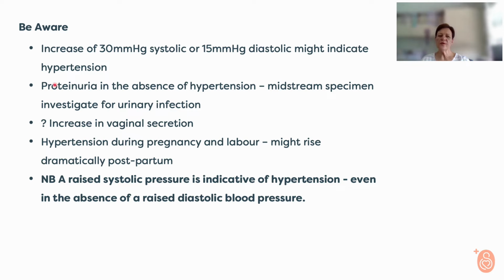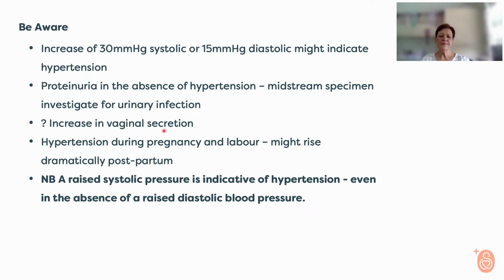Proteinuria is always important for us, even in the absence of hypertension, because it might also, as I think most of you know, be an indication of urinary infection. So we have to make sure that the protein in the urine is not because of urinary infection. Another possible reason for proteinuria during pregnancy is, again, physiological changes.